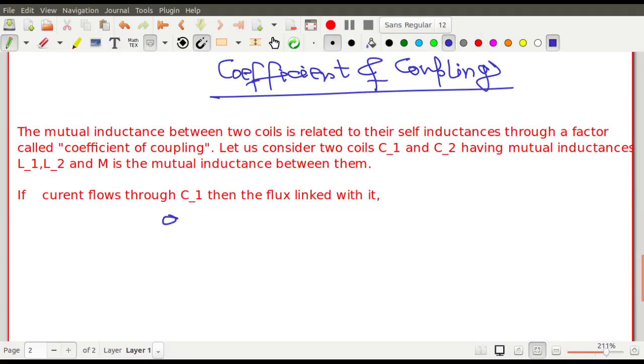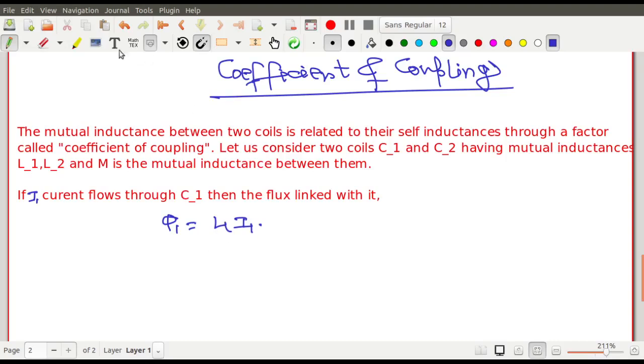So then the flux linked with it is phi1 equals L1 I1. এই কথা বোঝা যাচ্ছে? If I1 current flows through C1, then what is the flux linked with it? Phi equals L1 I1. That is what is self inductance, right?